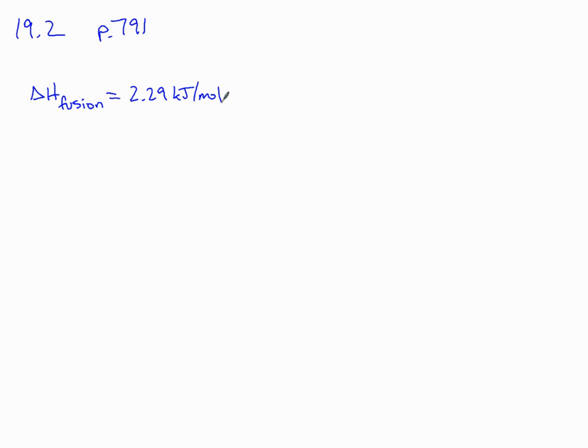Now, something to know, back in Chem 1 when we talked about the process of freezing and melting and vaporizing and condensing and all those things. Fusion is a change of state. Fusion means melting.